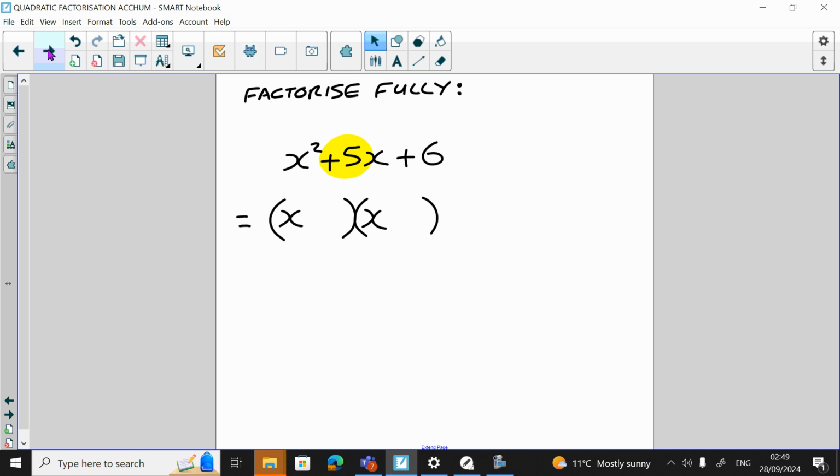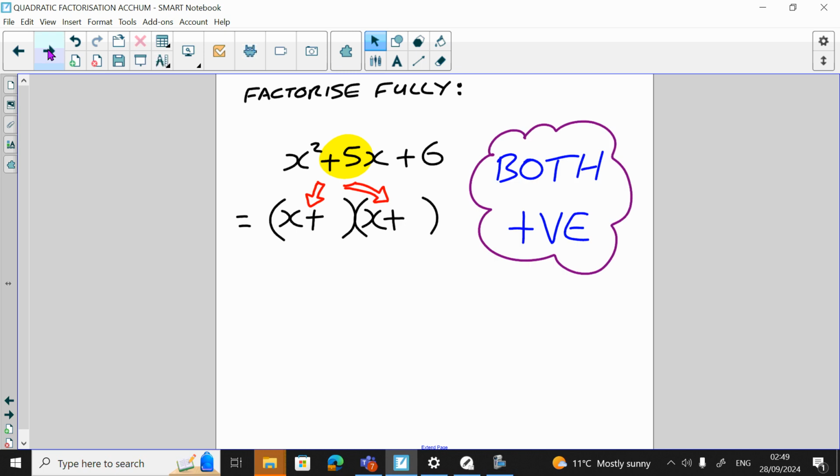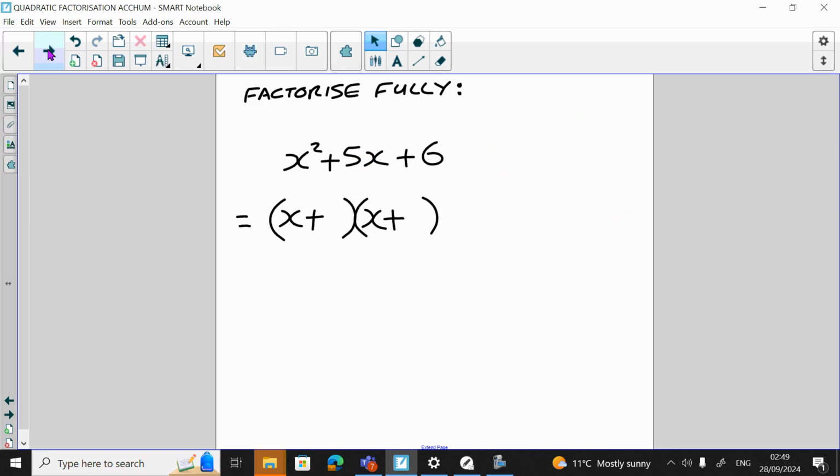So signs to the right are both positive. Okay, so now we just need to do one little check here. And the checks are two numbers that multiply to give you the end number, and two numbers that add or subtract to give you 5, the middle term, regardless of signs.